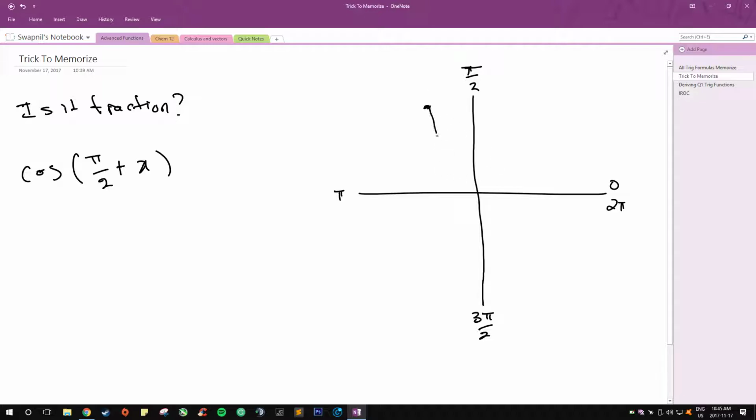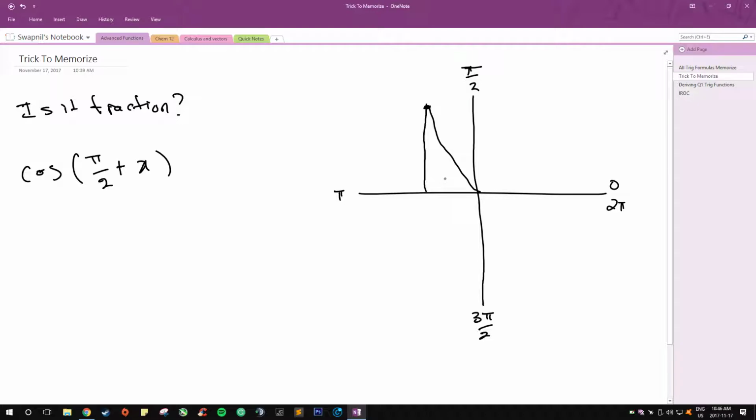Now, if you draw a triangle, right? That's a pretty bad triangle, but whatever. Cosine and sine are positive this way. So cosine is positive here, sine is positive here. Sine is positive here because it's still above the x-axis, but cosine is not positive because it's on the left side of the origin, and cosine is the x value.